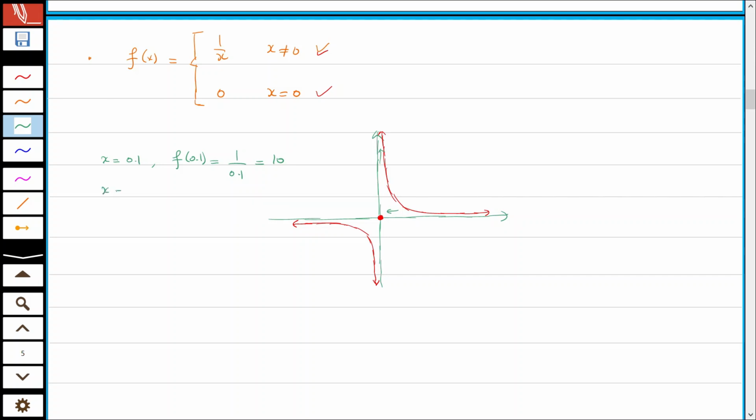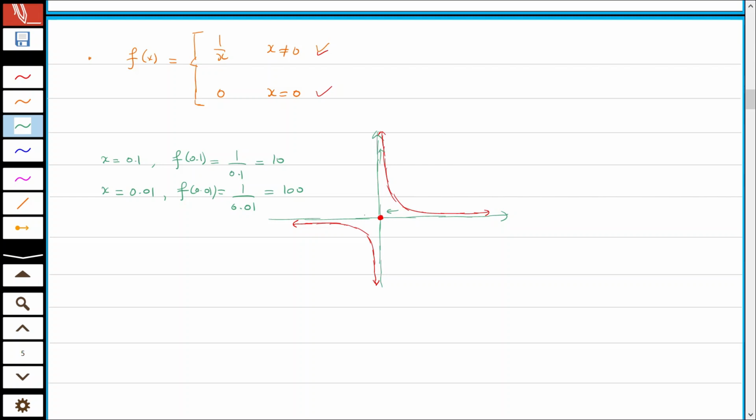If I go further close to 0, f of 0.01, which is 1 over 0.01, that's equal to 100. So as I keep getting closer and closer to 0, my function keeps getting bigger and bigger. And it's not going to settle down to any fixed value. If your x keeps getting smaller, your y keeps getting bigger. It just goes to infinity.